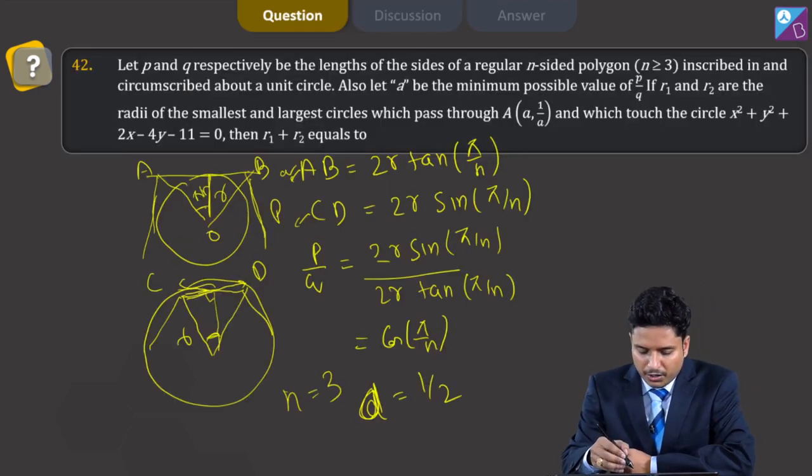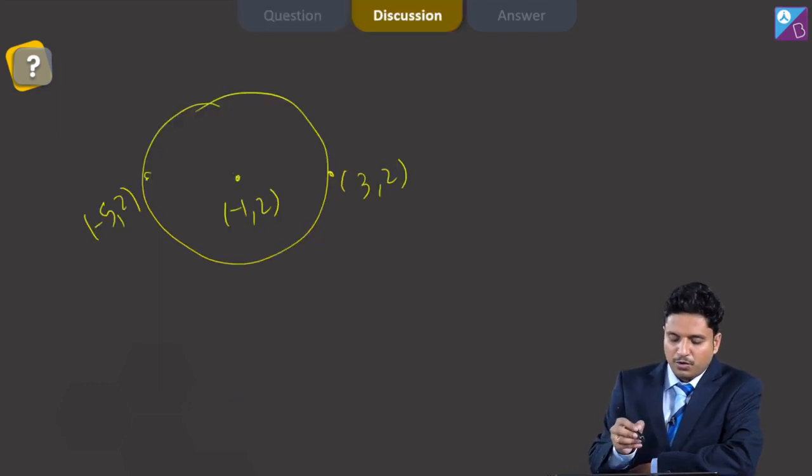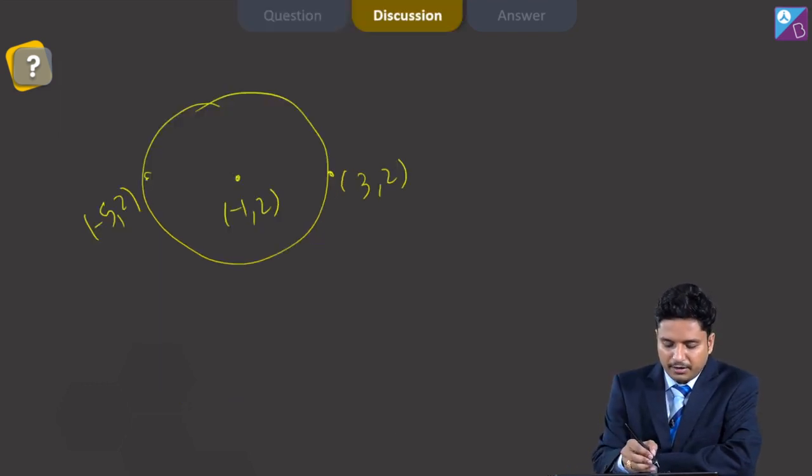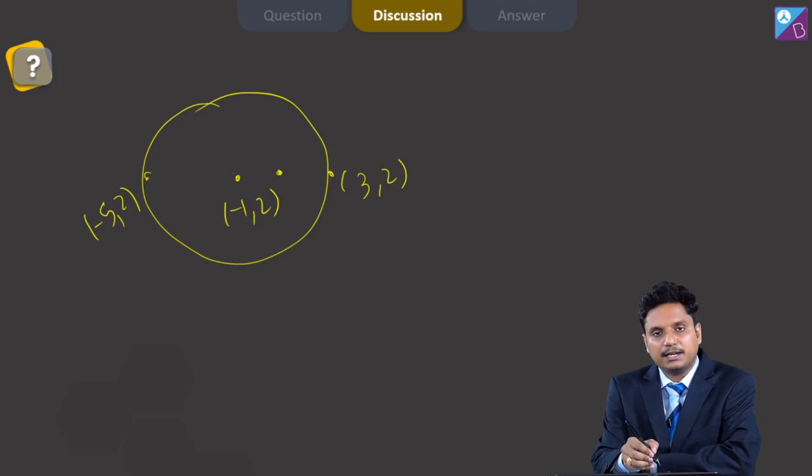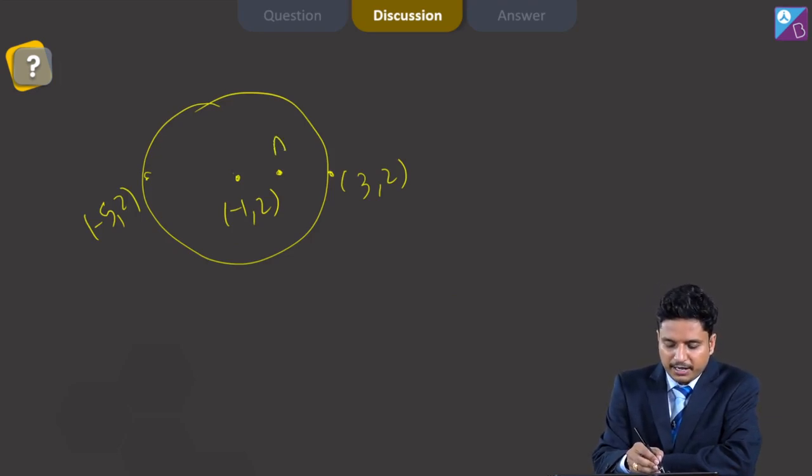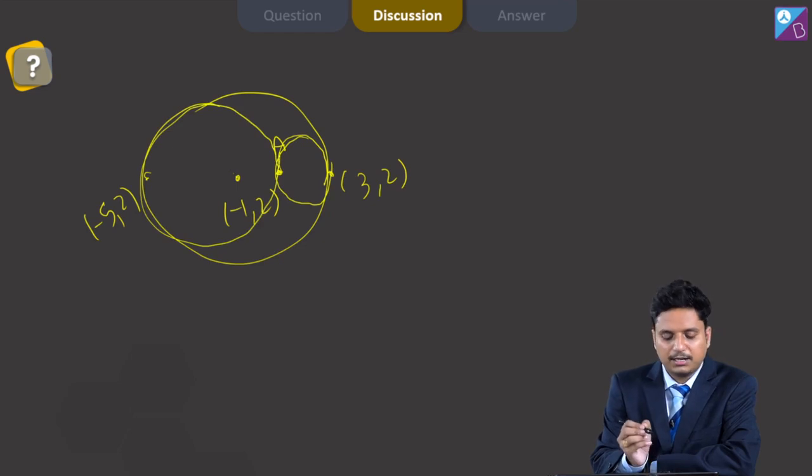Now what is your point? A comma 1 by a, that is 1 by 2 comma 2. It is a point which will lie inside this circle. So what we have to try? Suppose this is your point A. You have to try and draw a circle which will have minimum radius and touching this given circle. The minimum radius will be possible for this, and the maximum radius will be possible for this circle.